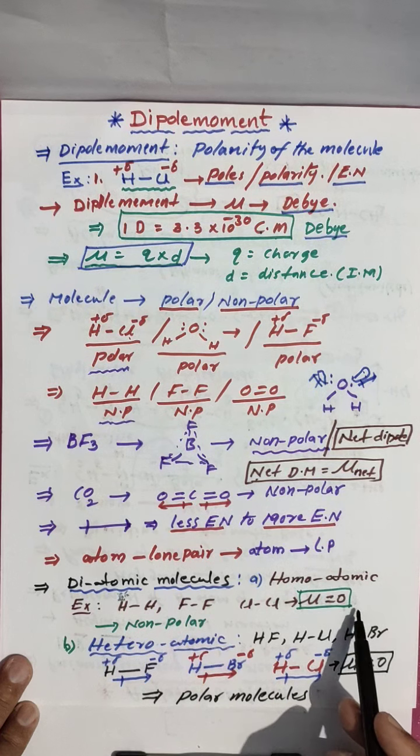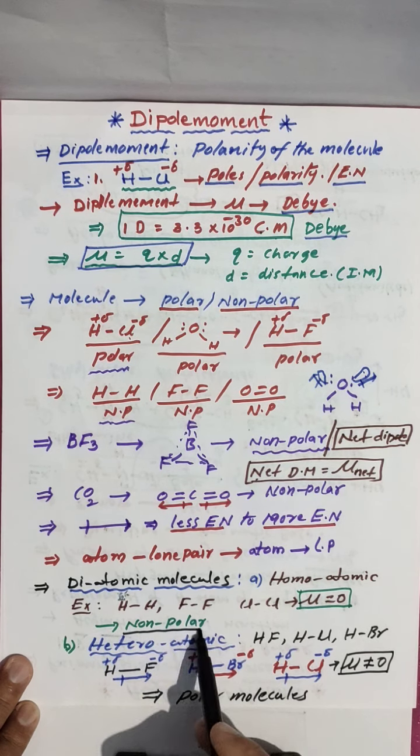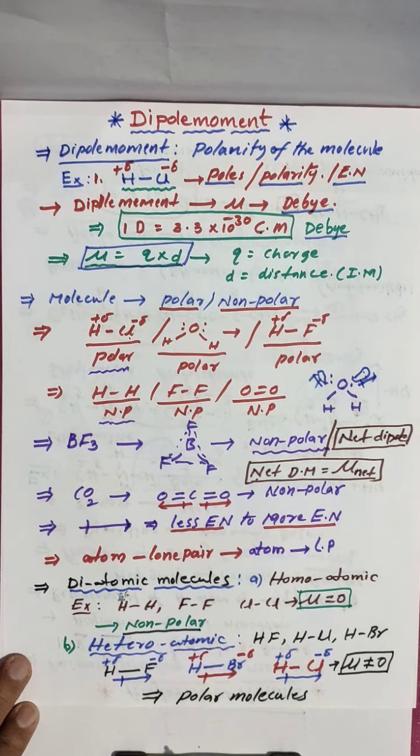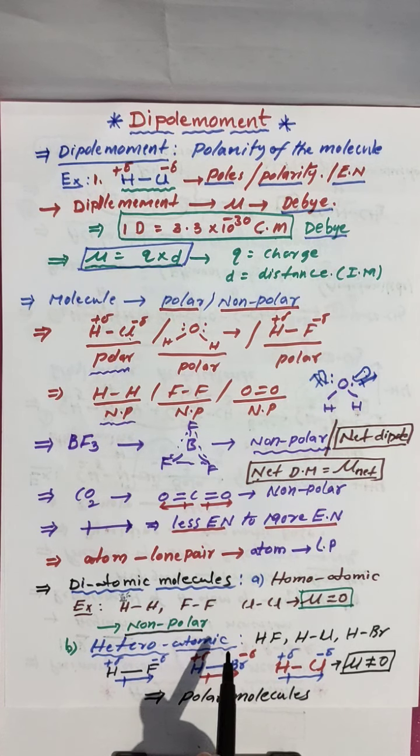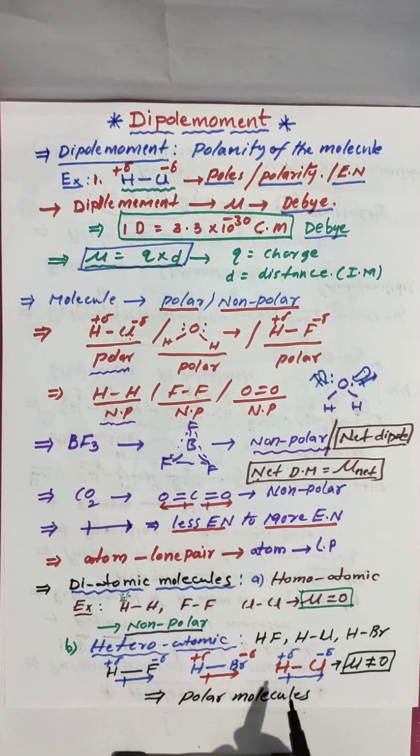Net dipole moment equal to 0 is non-polar, and net dipole moment not equal to 0 is a polar molecule. Clear? This is the method to address which is polar and which is non-polar, not only looking into charge. So HF is polar. And a few more examples I will show you.